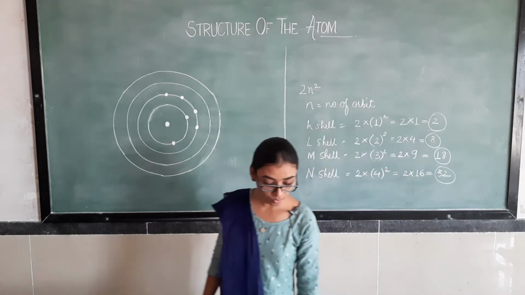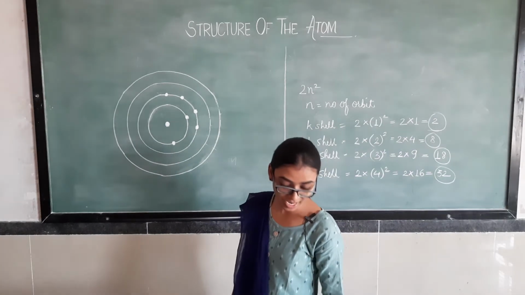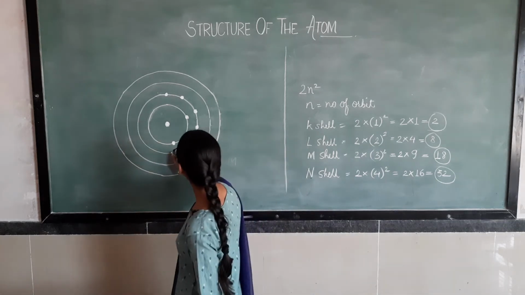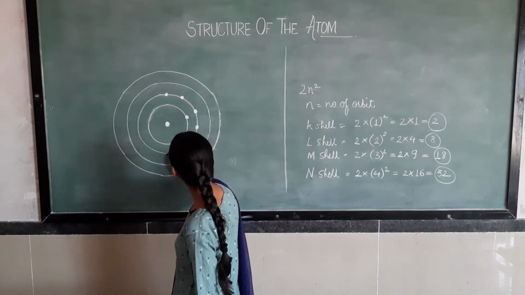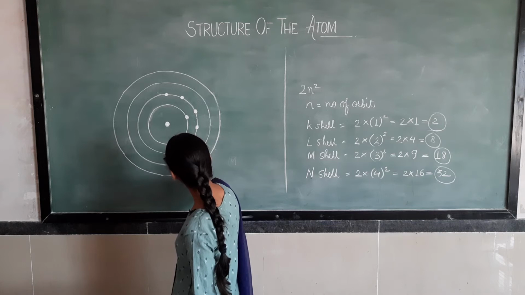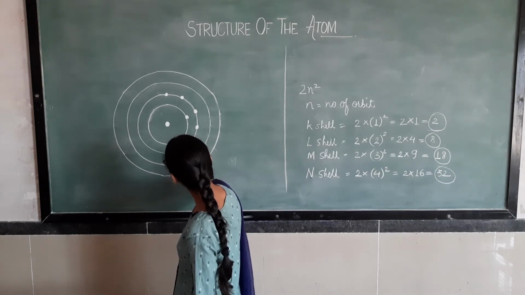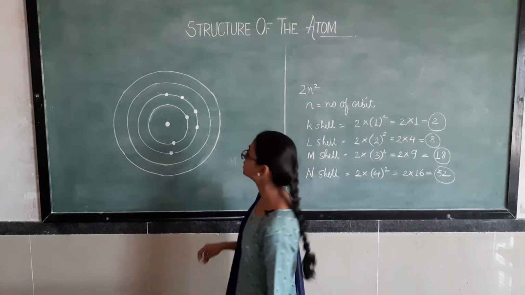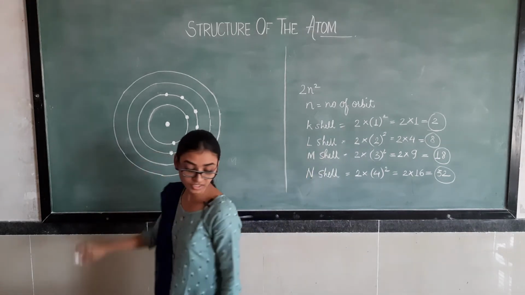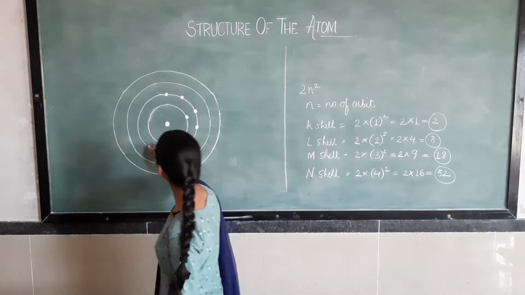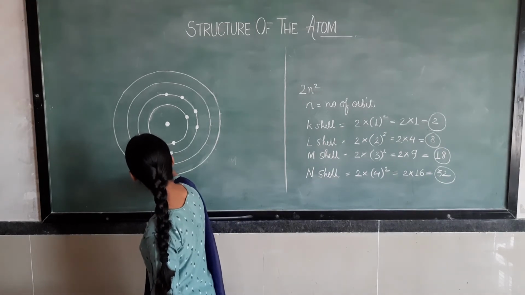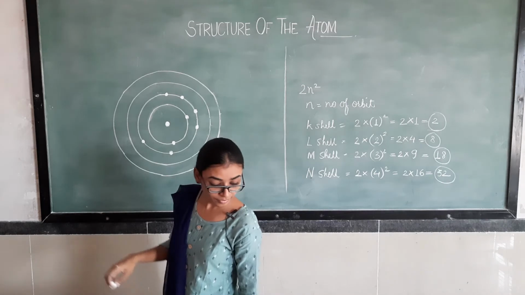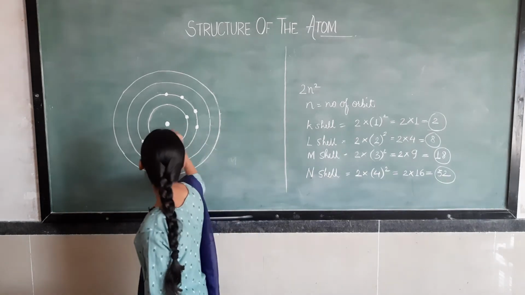Now nitrogen has 7 electrons in total, so we are going to adjust that here only. Then oxygen has 8 electrons, so here it will be adjusted. Then fluorine has how many electrons?